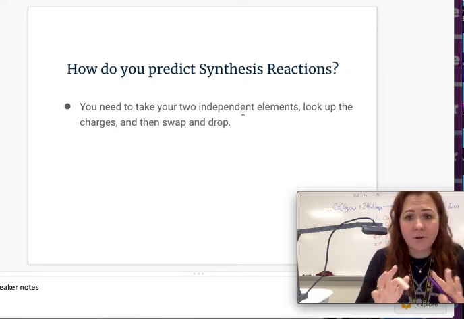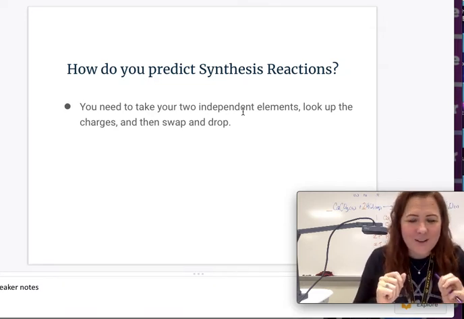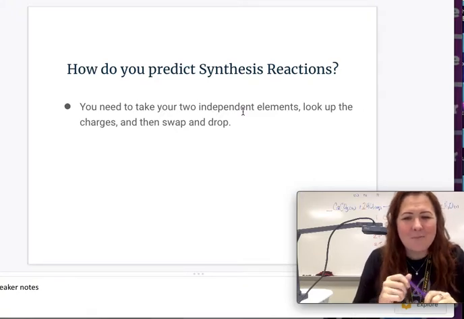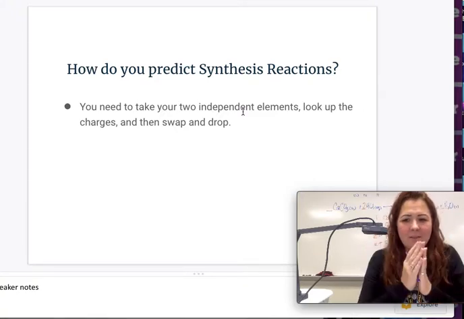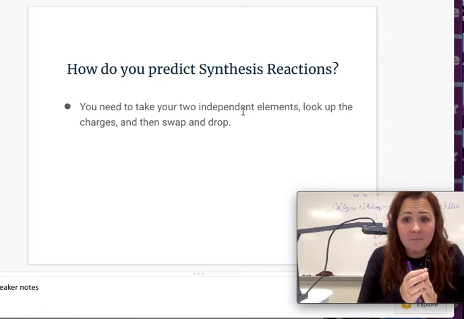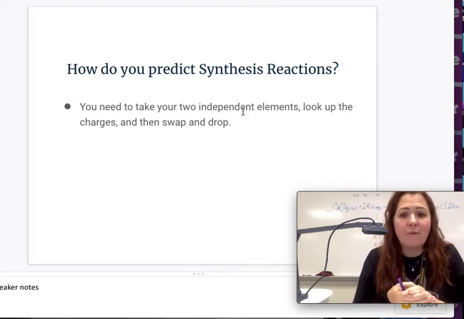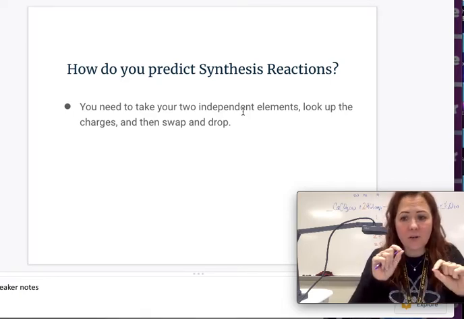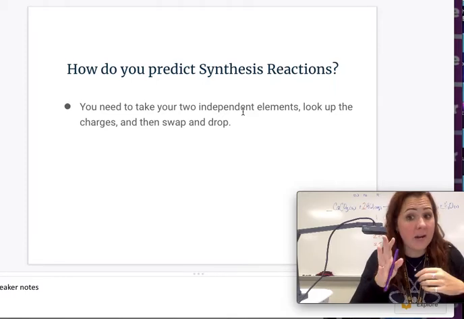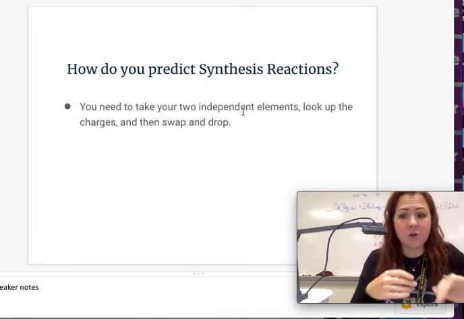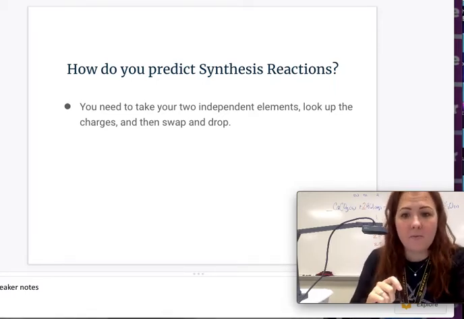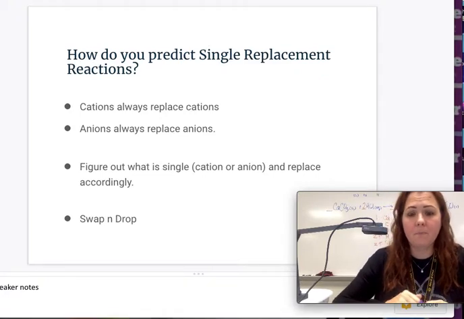You will not have to predict a covalent compound, sorry. So you're going to have 2 different elements. You're going to combine them together and swap and drop. So if you see something that has just 2 individual elements, make sure you have your cation first and then your anion. Look up the charges, swap them, and drop them like we've been doing with all the nomenclature.